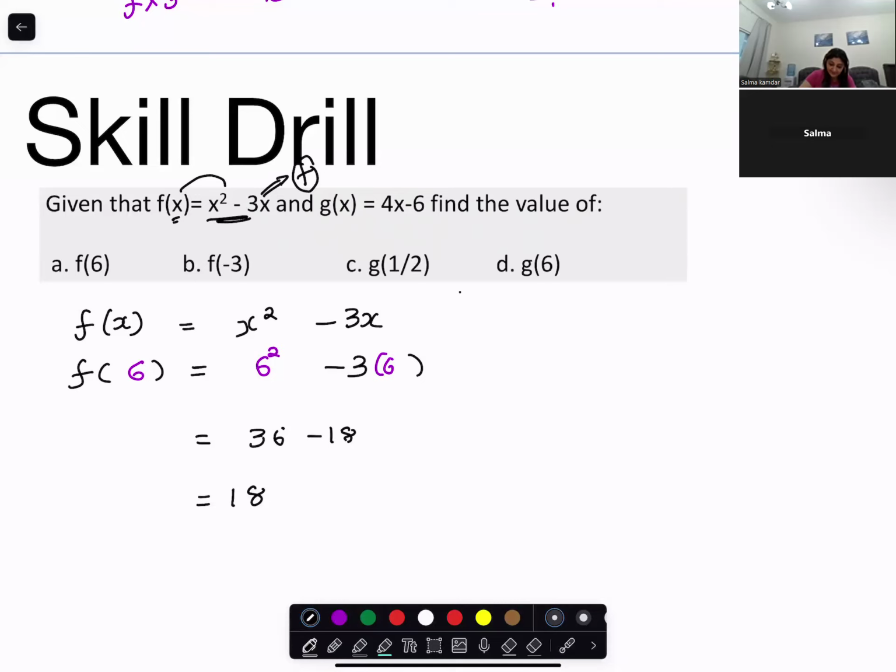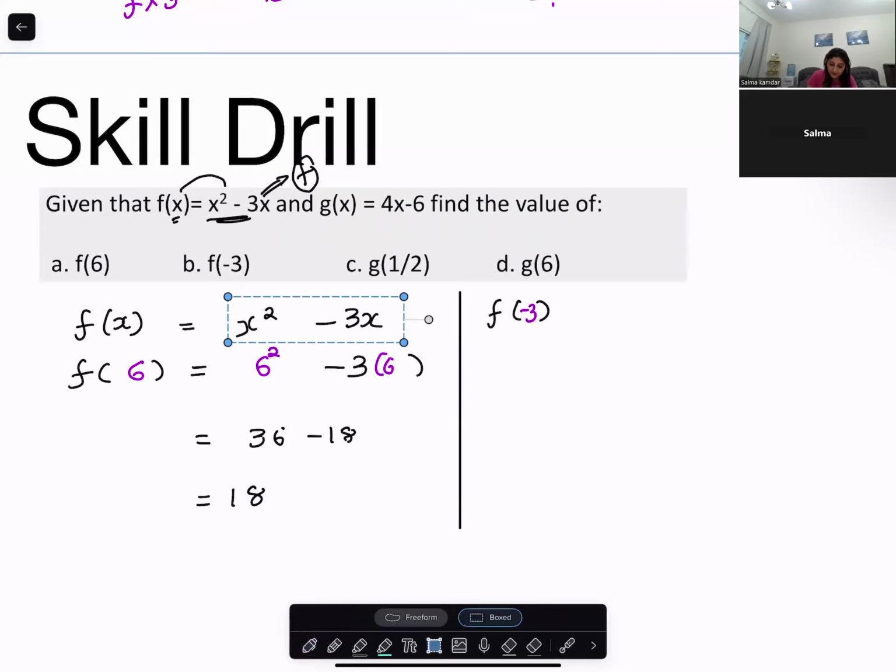Now I want to find f of minus 3. So in place of x, what am I going to put? In place of x, I'm going to put minus 3.